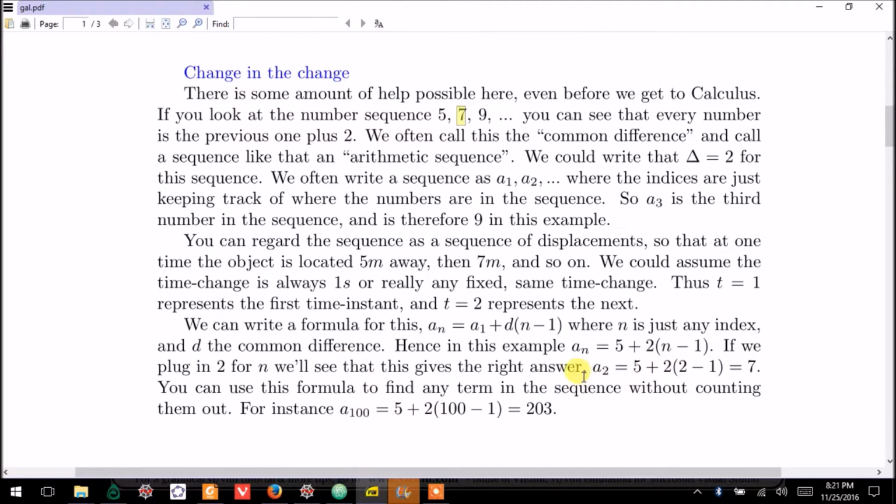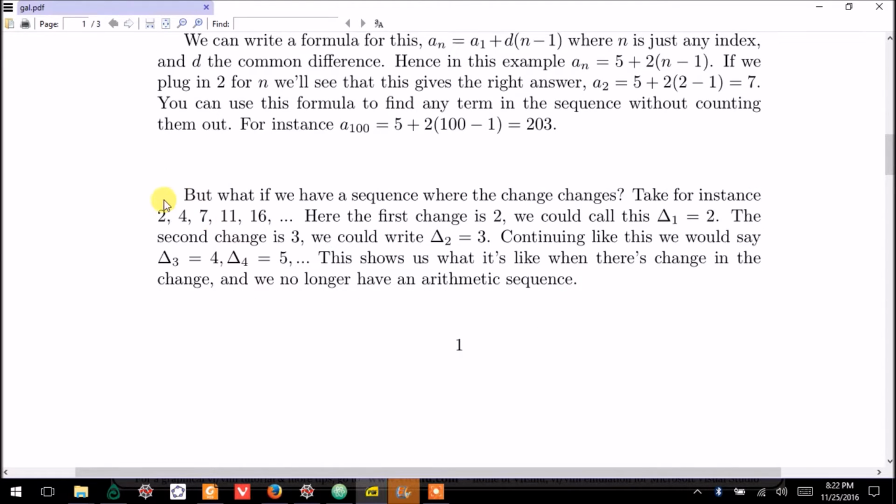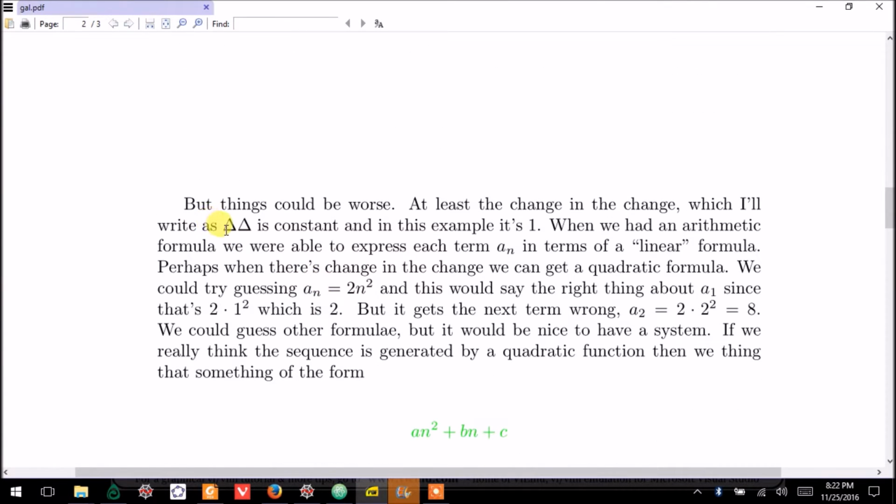Now, we don't always want to just confirm what we already knew. The use of this formula is that you can find the value of terms in the sequence that are very far away. And rather than have to write out 100 different numbers, you could just plug into this formula and figure out the value. Well, what if we could do a similar thing with sequences that have not a constant change, but a constant change in the change, what I call delta delta?